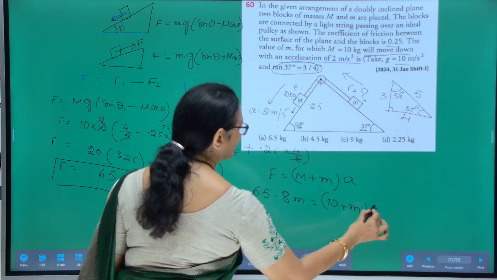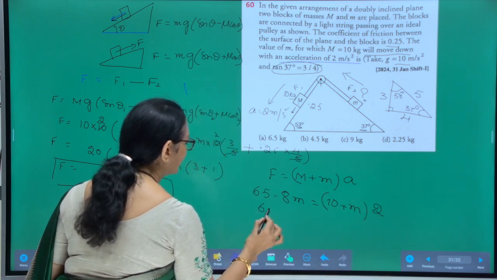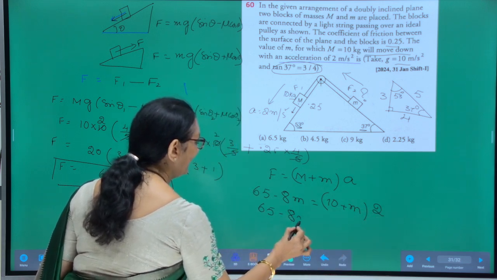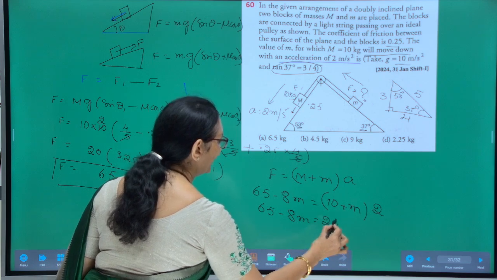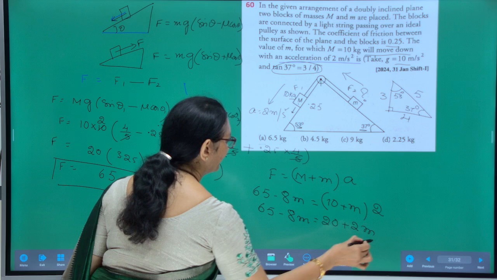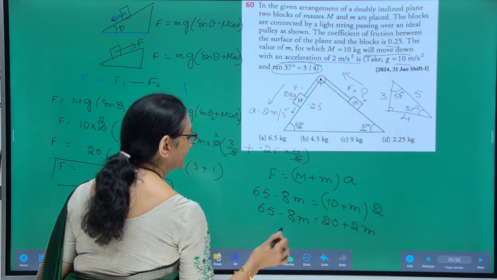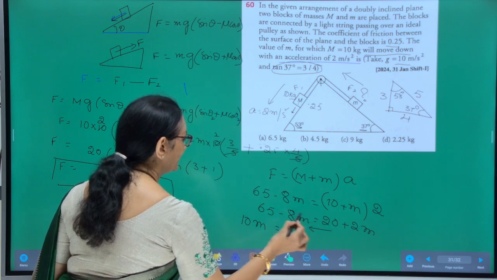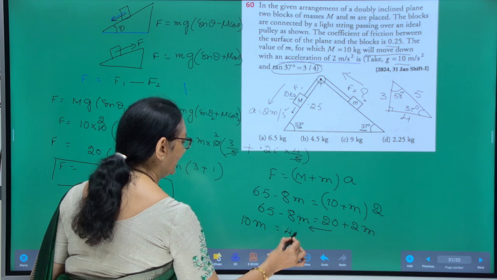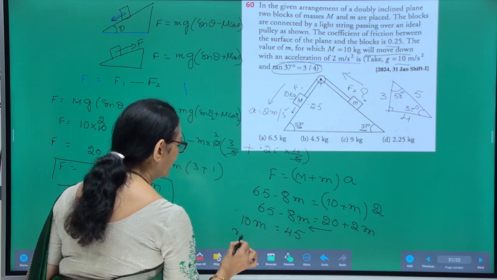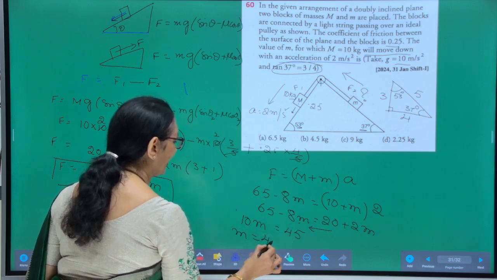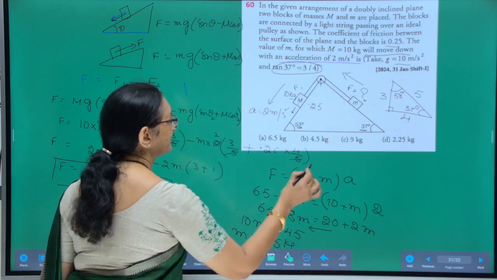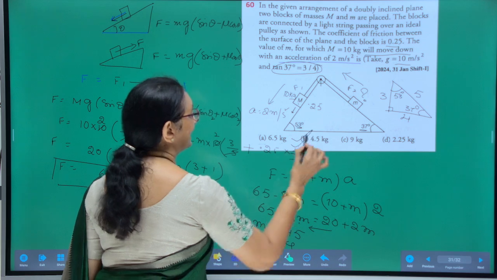Acceleration is given as 2 here. So 65 minus 8m is equal to 20 plus 2m. So just take this to the other side, it becomes 10m. 20 to this side, 65 minus 20, it is 45. So m is equal to 45 by 10, it is 4.5 kg.